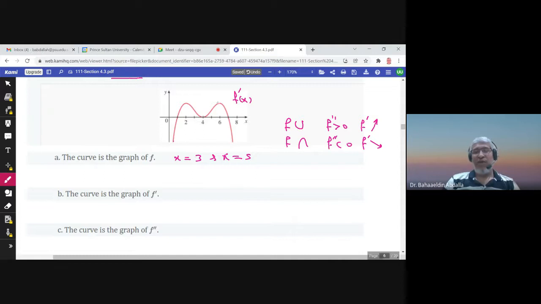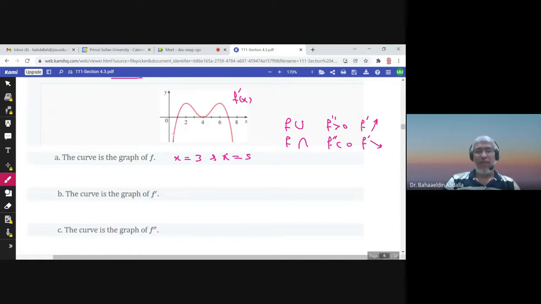And since we have here f prime, all we need to find out now are the points at which f prime changes from decreasing to increasing. Because if f prime changes from increasing to decreasing or decreasing to increasing, then f changes concavity and we have an inflection point. Because inflection points are where f changes concavity.